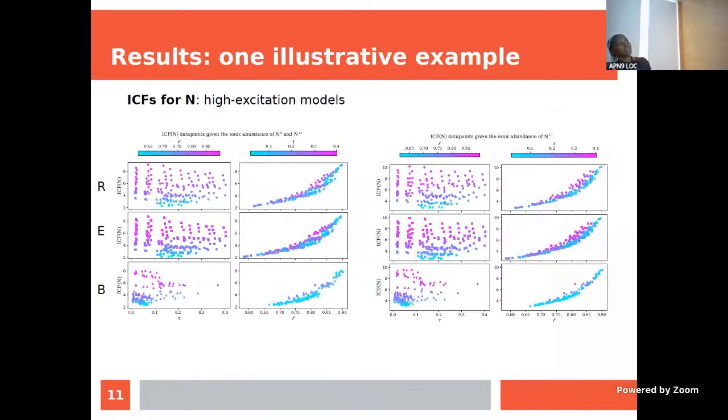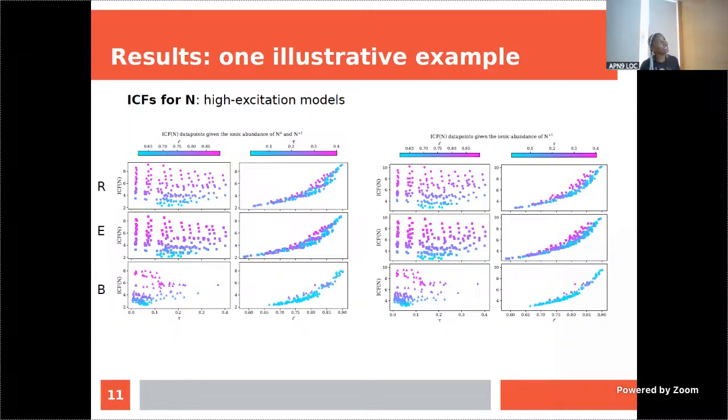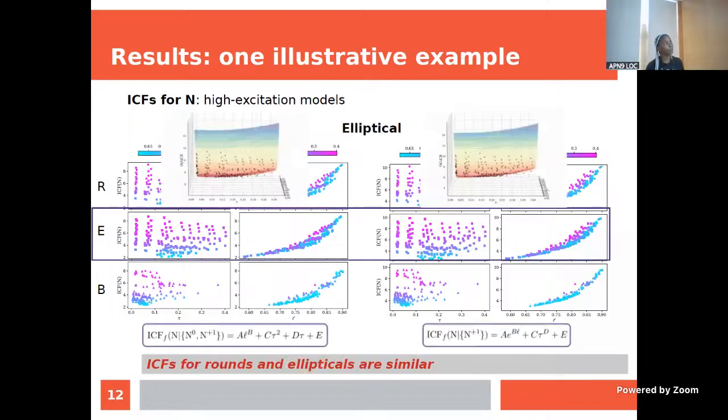Then here we see the results. Here are the ICFs we get for the first of the cases, based on these 2 ionic fractions. And here is the distribution of the ICF data points for rounds, ellipticals, and bipolars. Here we have the second case of the high excitation, in which this line is not observed, but only that one.